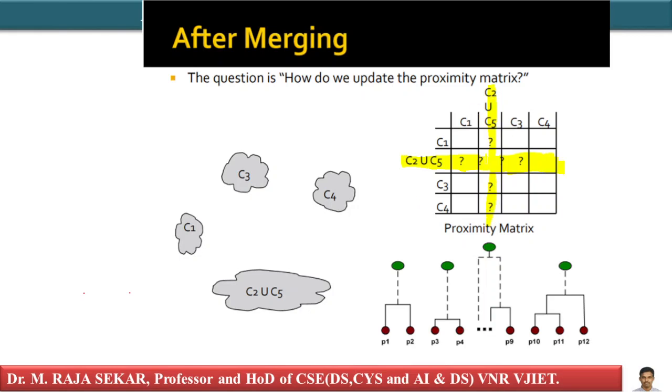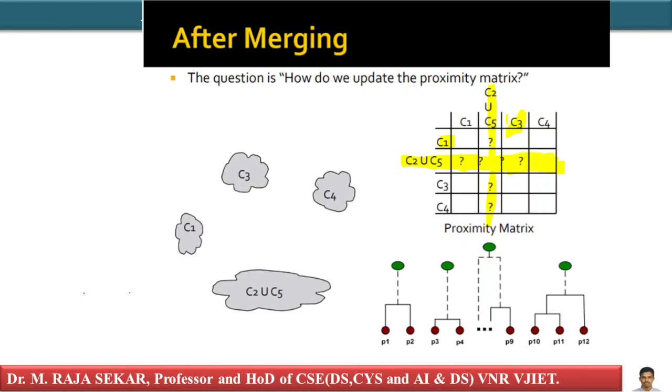Other values still remain the same as previous, because the distance between C1 and C3, for example, is already computed for you in the previous stage itself. So whichever two clusters you merge, the corresponding row and column need to be updated.